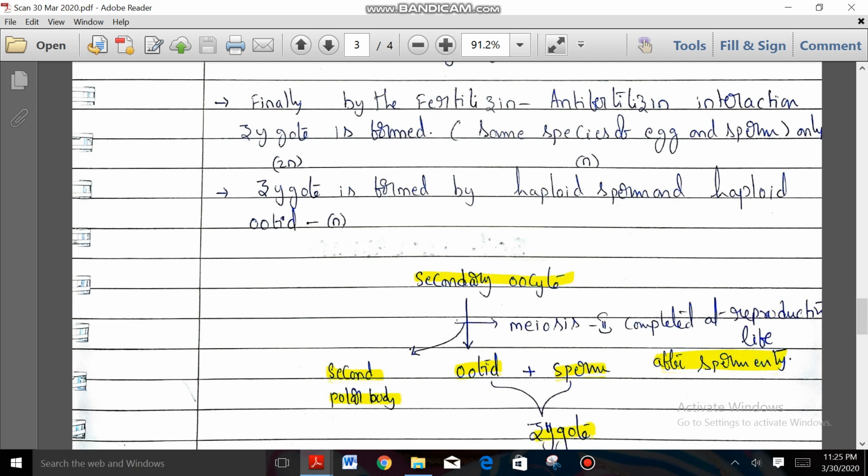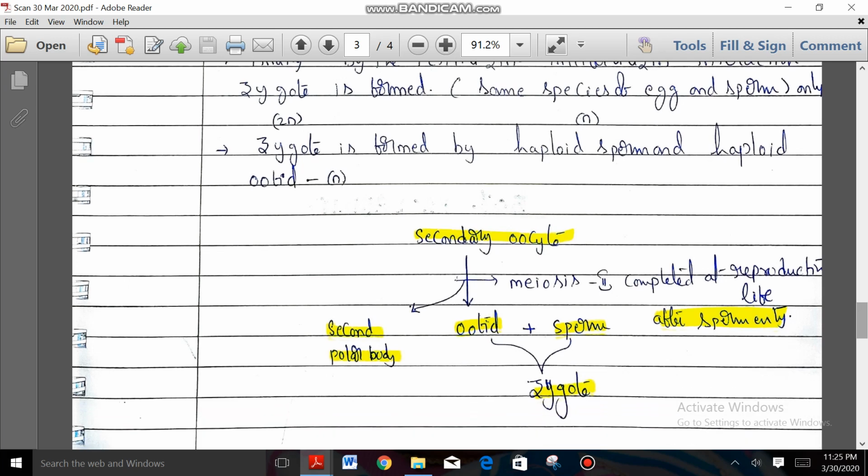Only the same species of egg and sperm can be fertile. The zygote is formed by a haploid sperm and haploid ootid. Diploid zygote 2n is formed by haploid sperm n and haploid ootid n.